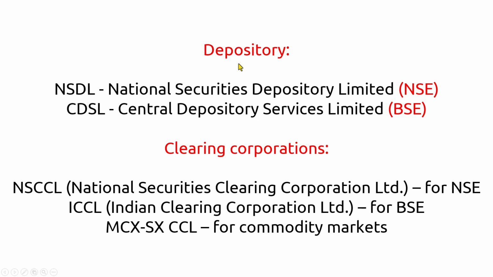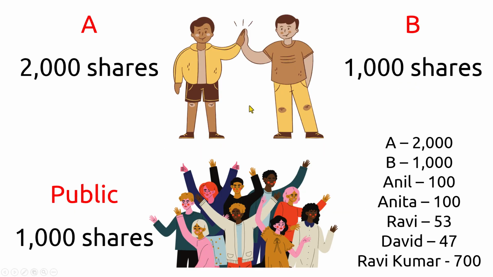Alright. Let us say that a company, for example, Tata Motors, has 4,000 shares, and out of those 4,000 shares, 2,000 and 1,000 are held by the promoters. The rest 1,000 shares are held by the public. Alright. Now, where is the detail of who owns how many shares stored?